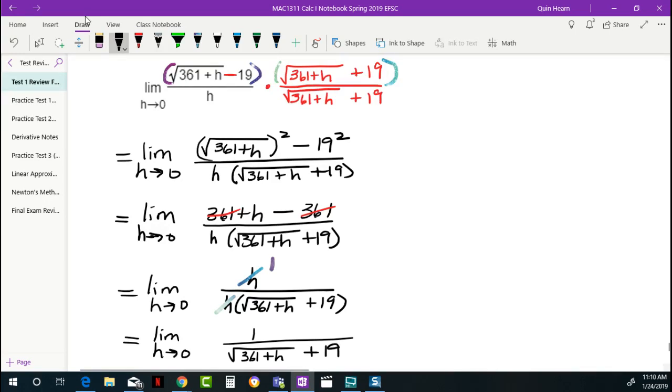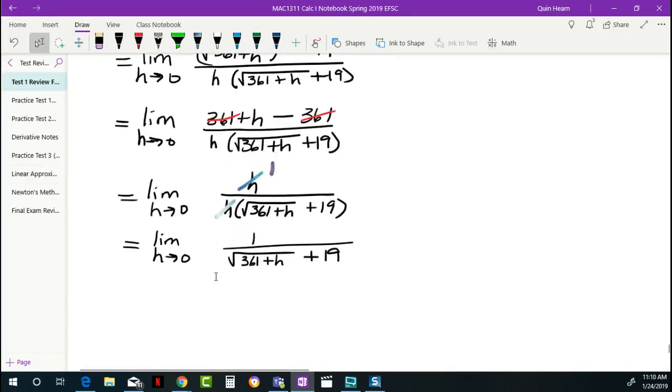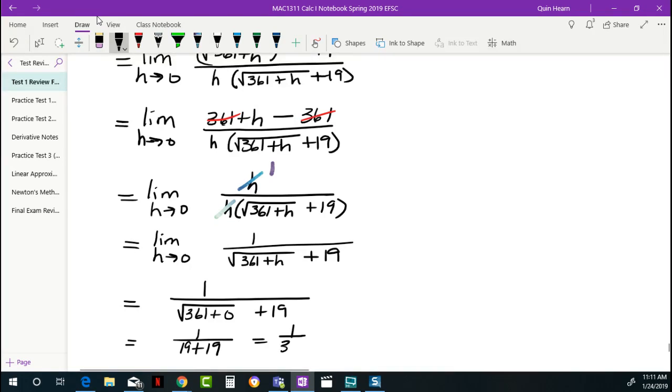Now if we were to try to plug in h equals 0, we would not get undefined. So we can go ahead and do that. We don't need to write the limit anymore. I almost wrote it. But once you plug in, that's the step where you stop writing the limit. You're taking the limit by plugging in. So that's going to be 1 over 19 plus 19, or 1 over 38.